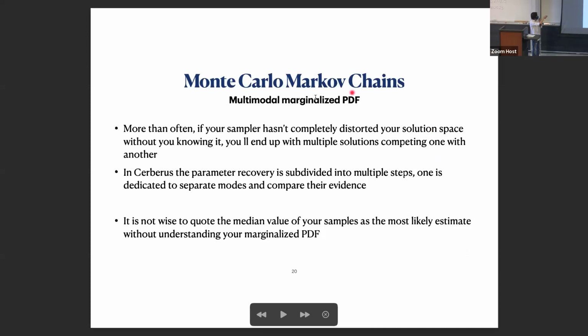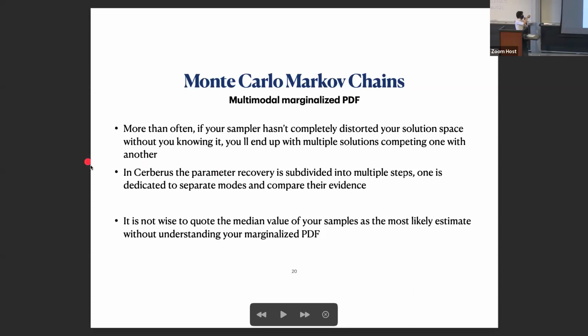All right, more often than not, if your sampler isn't completely distorted, for the radiative transfer model, you should see those multiple modes showing up, because we already know that the way we parameterize atmospheres, the most common way, parameters talk to each other. There is crosstalk amongst parameters. So you expect your posteriors to be not Gaussian at all.